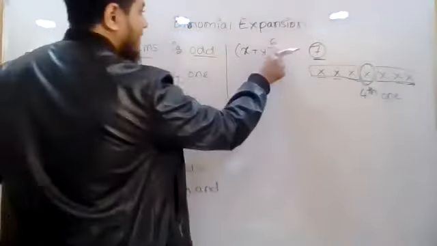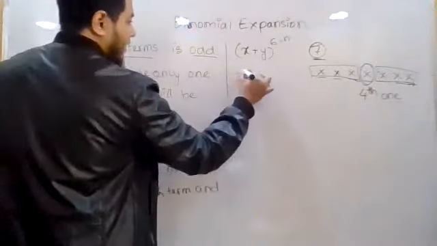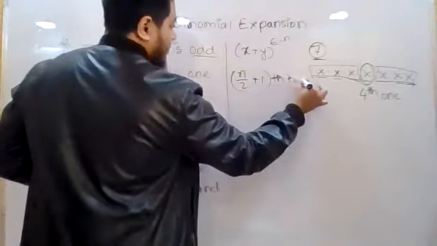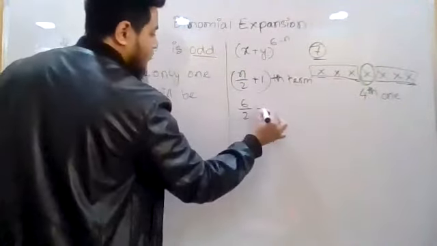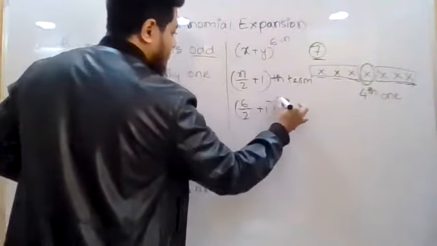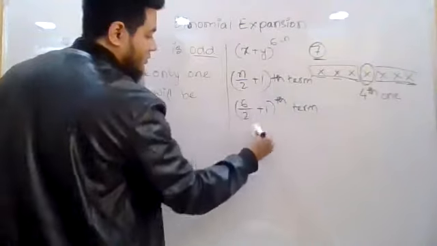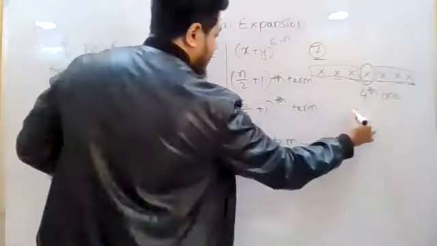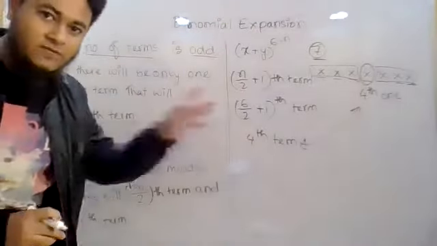What is n? n is the power. Let us replace the value of n. Here it is 6. So 6 by 2 plus 1 term. 6 by 2 is 3, 3 plus 1 is the fourth term. See. Proved? Are you convinced?